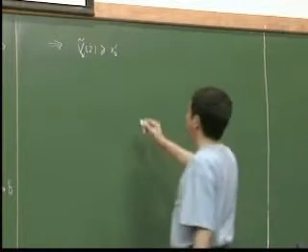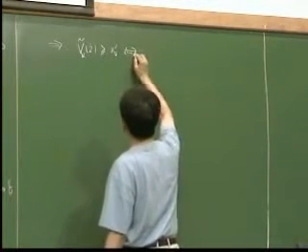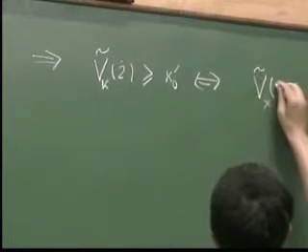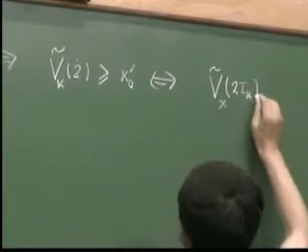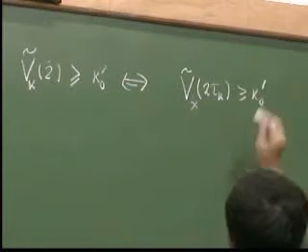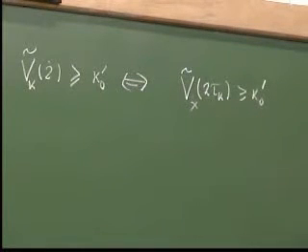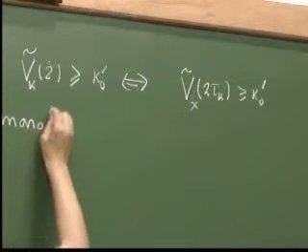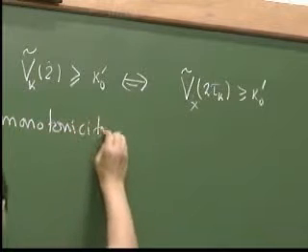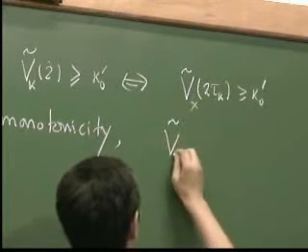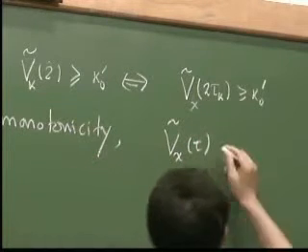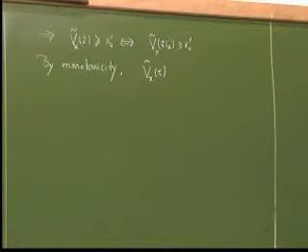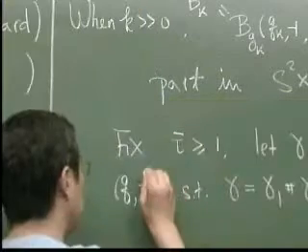So if you go back, this is equal to the reduced volume at tau_k, and at 2 tau_k it is bigger than kappa_0 prime. But since tau_k goes to infinity, by monotonicity, let's fix some here to distinguish it.